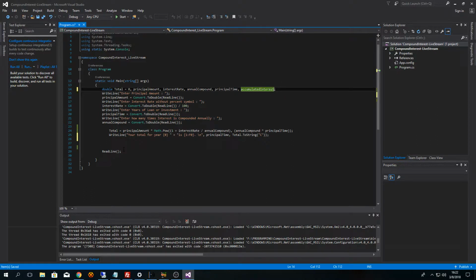Simple as that. And then we'll define it down here. Accumulated interest equals total minus principal amount. And then we'll do a write line.